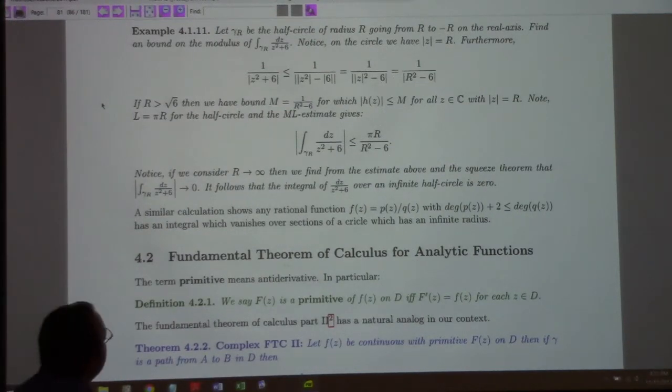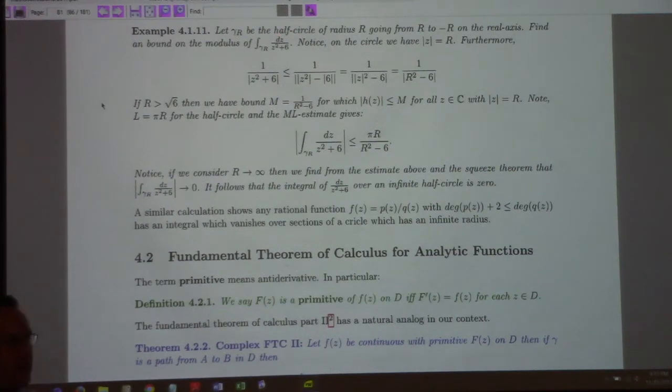If I was going to integrate dz over z squared plus 6, and gamma r is the half circle of radius r, going from r to minus r on the real axis, then if you look at the modulus of the integrand, you can bound it by 1 over r squared minus 6, right? So that gives me an M, and by the so-called ML theorem, we have the bound times the length of the integral.